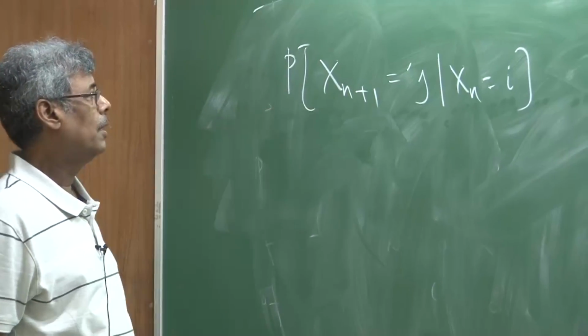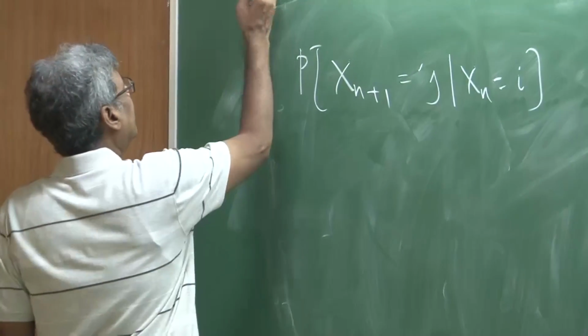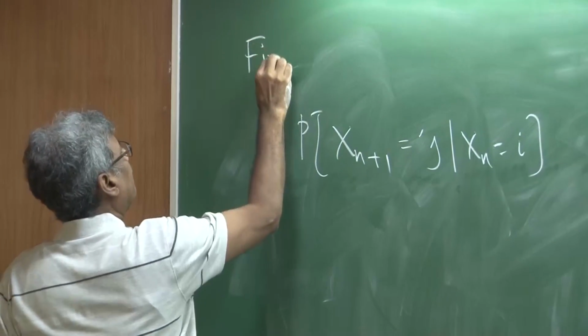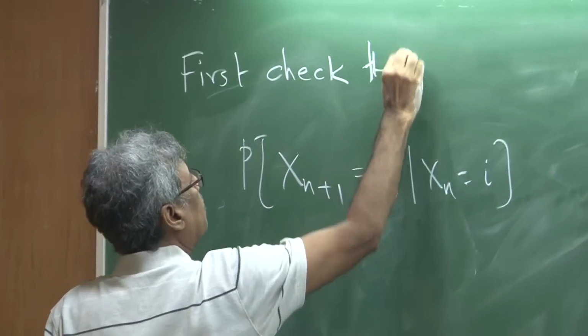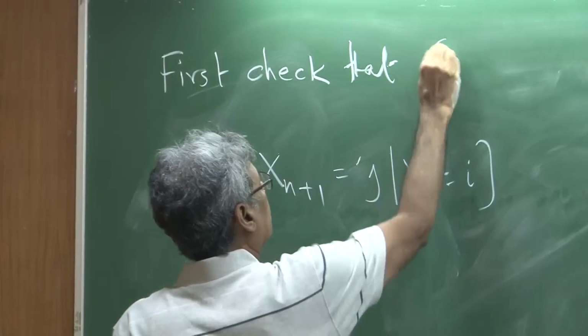But let's try to compute. Let me just put it here. First check that Xn is a Markov chain.